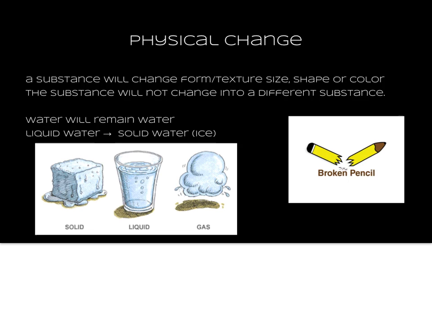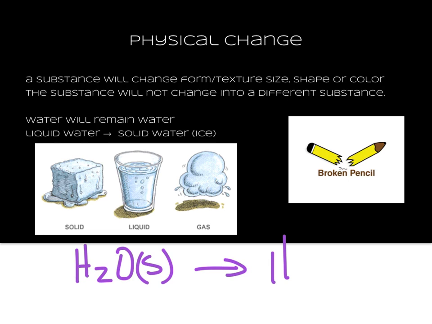Anytime we have water changing from the solid phase to the liquid phase, H2O solid going to H2O liquid, this arrow means yields or becomes. So when the solid becomes the liquid, that is a physical change.